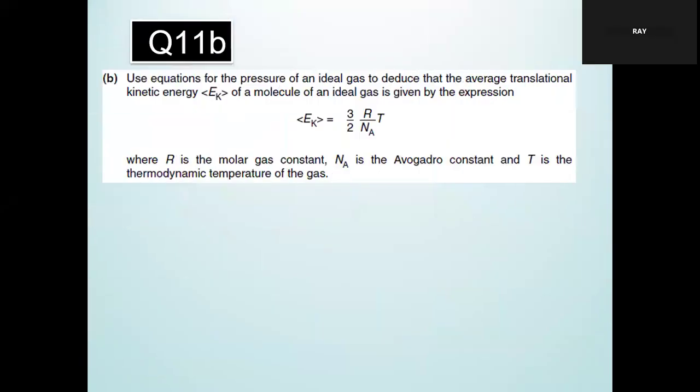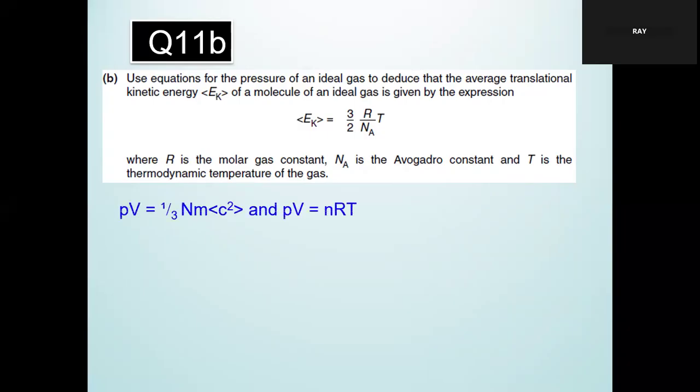Okay, so this derivation uses the equation for the pressure of an ideal gas to deduce that the average translational kinetic energy of a molecule of an ideal gas is given by the expression, where R is the molar gas constant, N_A is the Avogadro constant, and T is the absolute temperature.